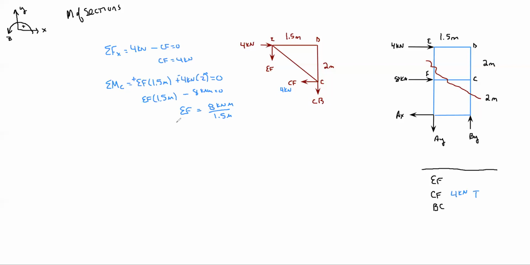And I get a value of EF equal to 5.33 kilonewtons. I recognize that you get a repeating decimal here. I'm just going to truncate at the hundredths spot. So 5.33 kilonewtons. It came out to be a positive number, which indicates that I have the correct direction. So 5.33 kilonewtons in tension. And I'll write that so we have it.